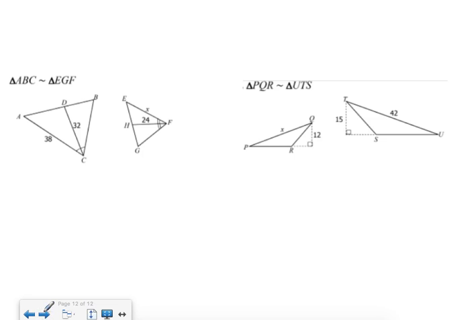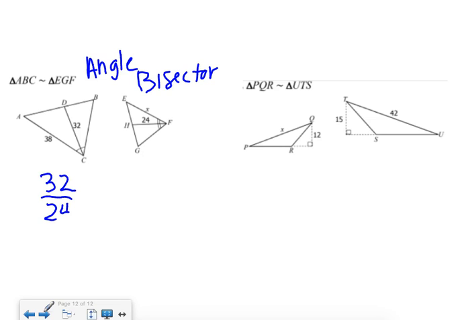Okay, what kind of a segment on the next one? Angle bisector. Agreed. Anyone want to give me your proportion you wrote? 32 over 24 equals 38 over x. Perfect. Okay, cross multiply, kids.